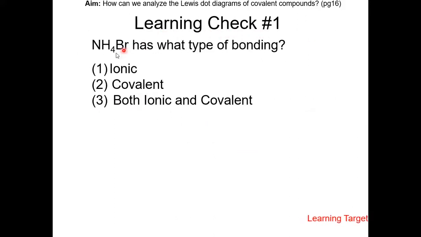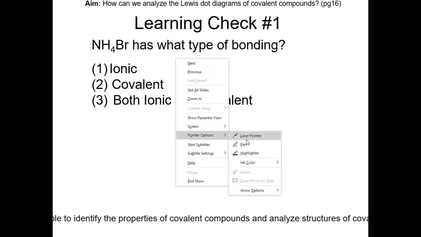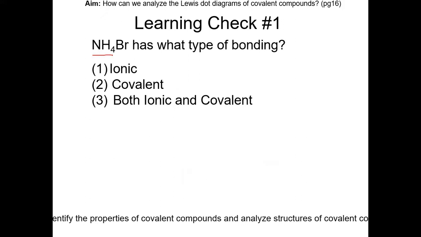Learning check number 1. NH4Br has what type of bonding? Pause the video and resume once you complete it. This is a tricky question because NH4Br is all nonmetals. But it does not mean it's all covalent bonding because this is a non-binary compound, so there might be a polyatomic ion. If you look at Table E, you'll see that NH4 is a polyatomic ion, ammonium, which has a charge of positive 1.